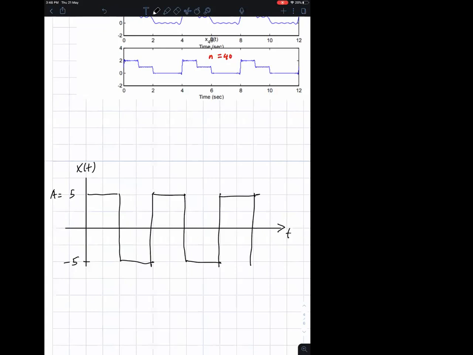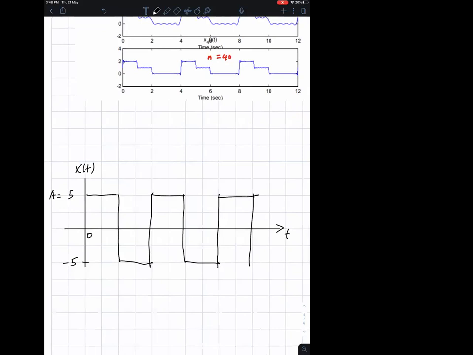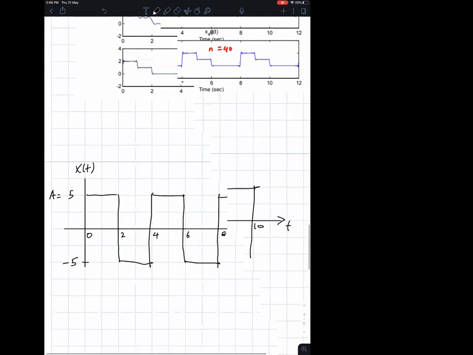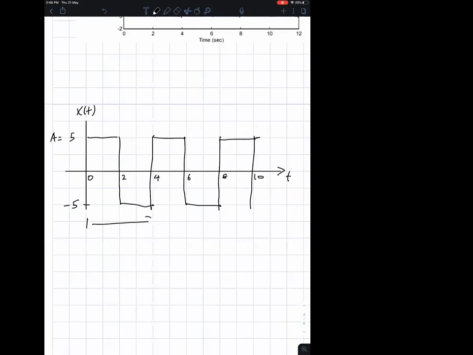This is one period. Going from 0, 2, 4, 6, 8, and 10, your period T in this case is 4.